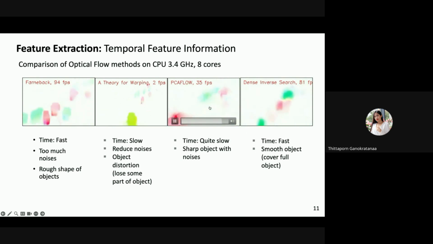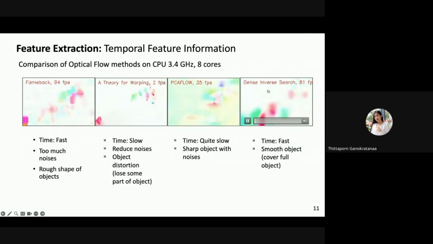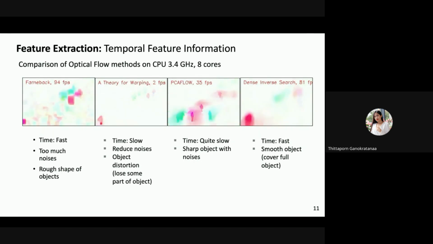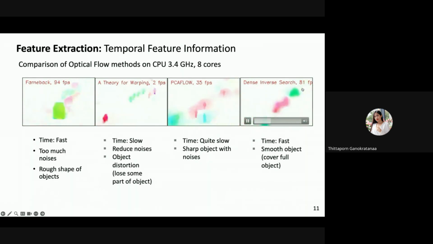For the PCA flow over here, it is not as fast as Farneback and has some noise, but we get a very sharp shape of the object. Okay, and for the last one, this is dense inverse search. This one we get around 81 frames per second, which is quite fast.